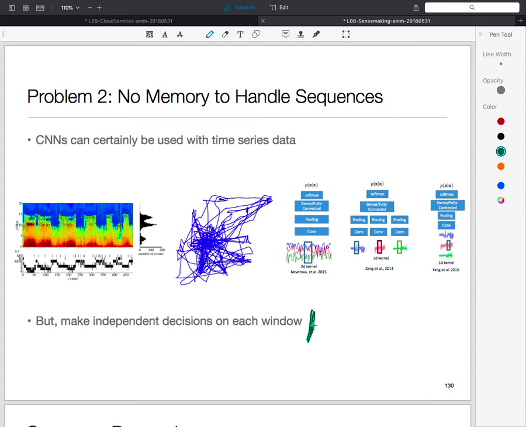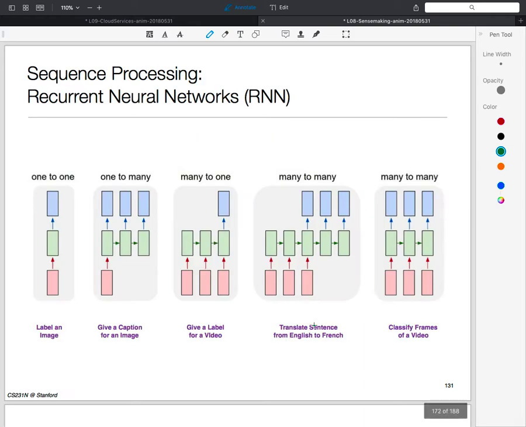So that leads to a concept called the recurrent neural network, which is essentially like combinational logic is to finite state machines. Convolutional neural network to RNN is combinational logic to sequential systems.